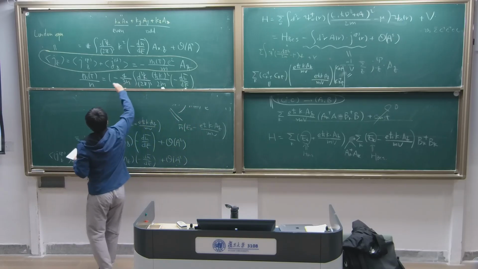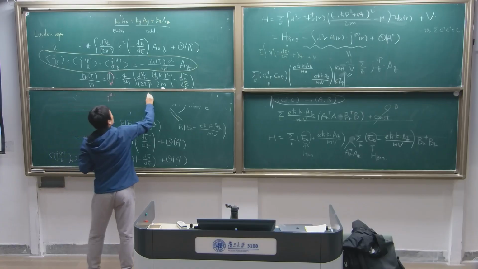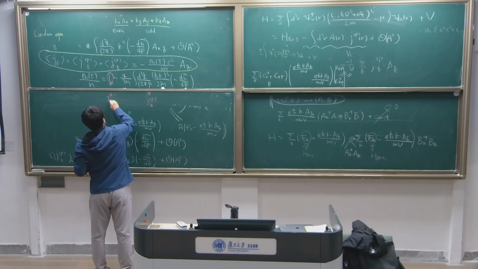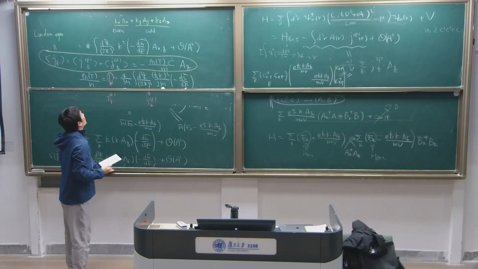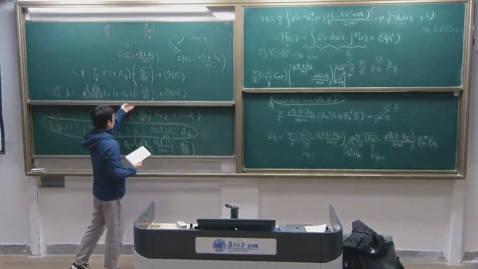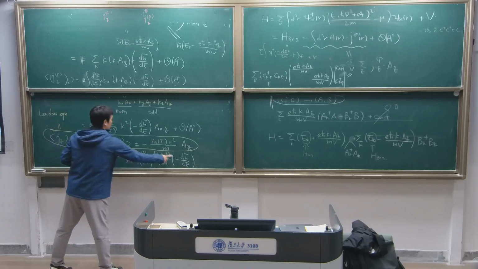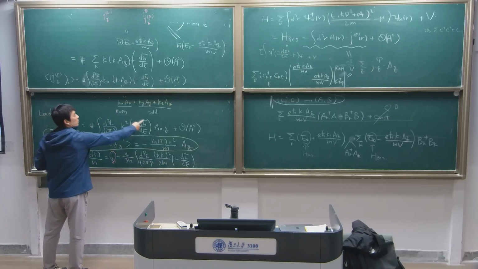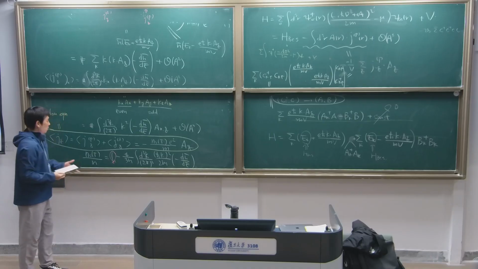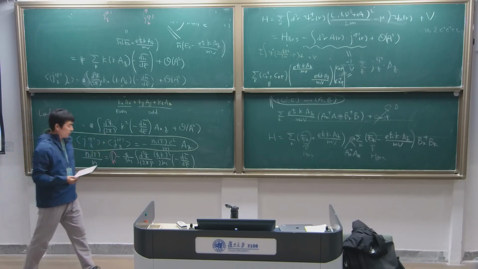This one comes from J of D, and this one comes from J of D. So at the end, this integral really is just a rewriting of this part, and the other one just comes from this diagonal part.